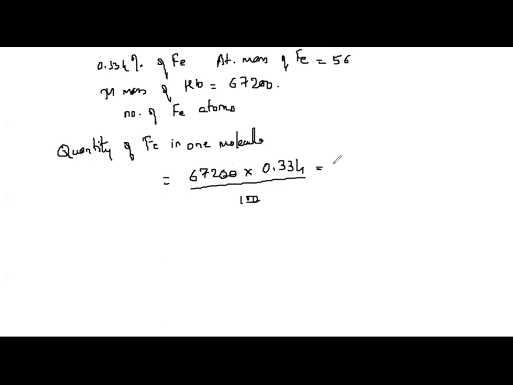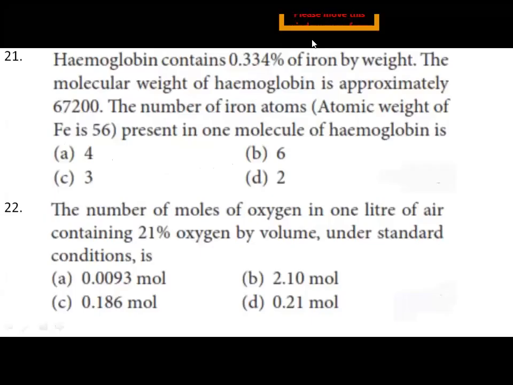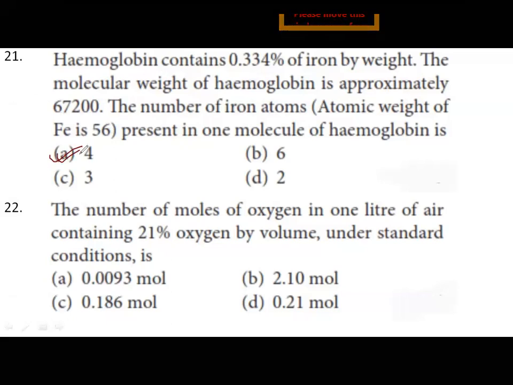Solve it, the answer comes out around 224.45. The unit is AMU, atomic mass unit. So that is divided by 56. What you get is around 4. So the answer you will get is around 4.